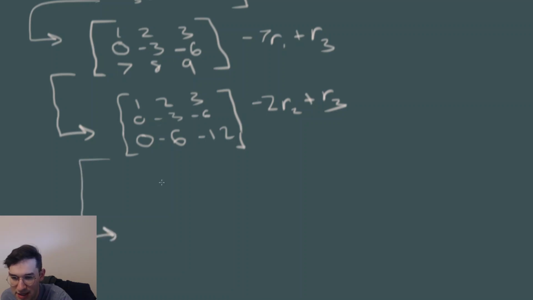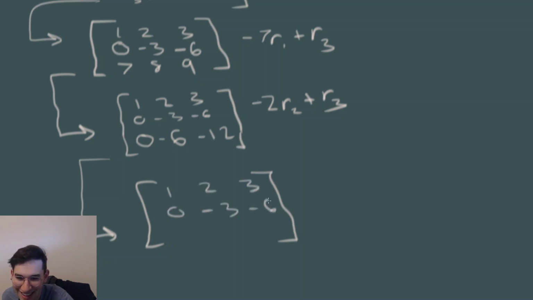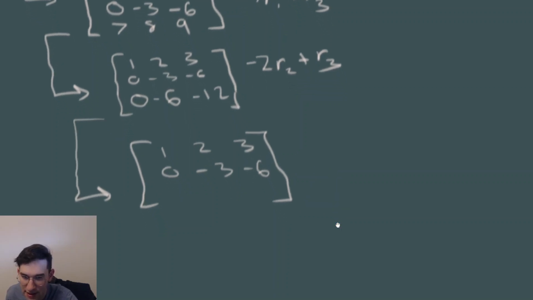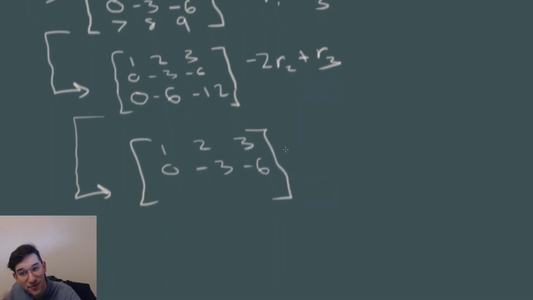All right, I almost made a mistake there. My whole life is a mistake. Okay. So these rows aren't going to change. I hate this 6. Let's get rid of that. So negative 2 times 0 plus 0 is 0.